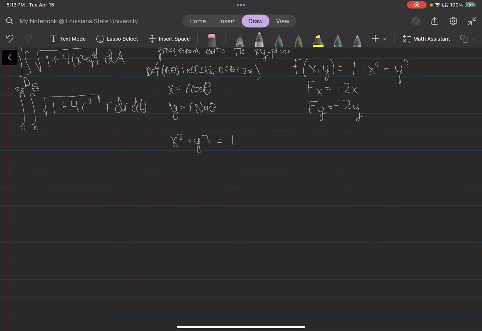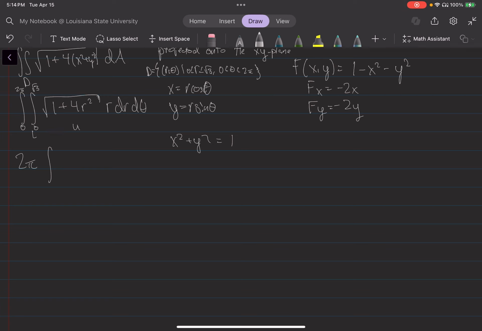Observing that this integral has no terms that depend on theta, basically our integrand is a constant with respect to theta, the integral of d theta from 0 to 2 pi will be just 2 pi by the fundamental theorem of calculus. But in our r integral, we need to use some sort of u substitution.